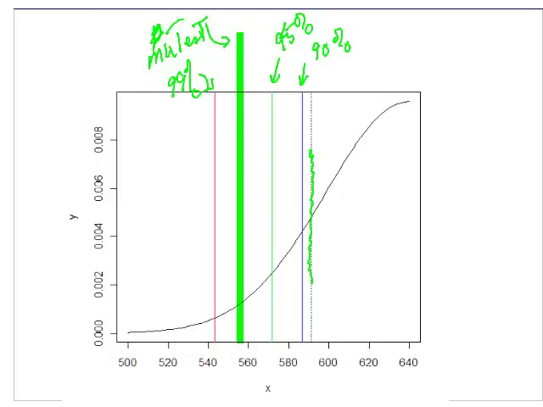Now, for the 90% level, or alpha equal to 0.10, this test value lies inside of its critical region. So at the 90% confidence level, or you could say alpha equals 0.10, the null hypothesis is rejected.